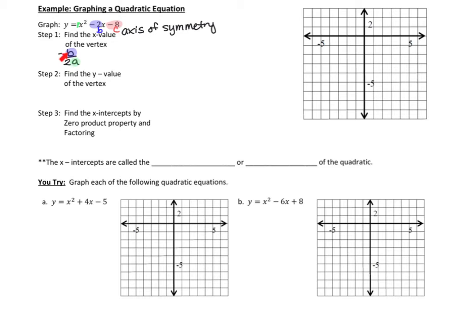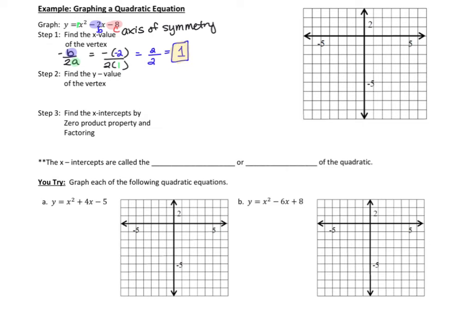So we're going to replace these variables with the a and b that were given from our original equation. So we have negative, and then my b term is also negative, so I'm going to use some parentheses there. And over 2 times my a, which is 1. This will simplify to positive 2 over 2, which will give me positive 1.